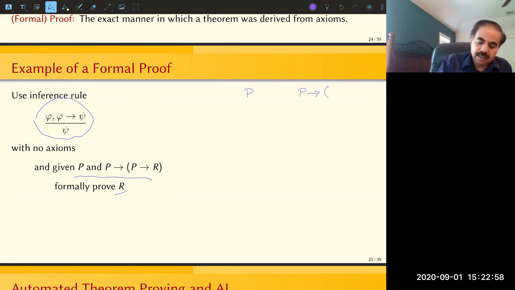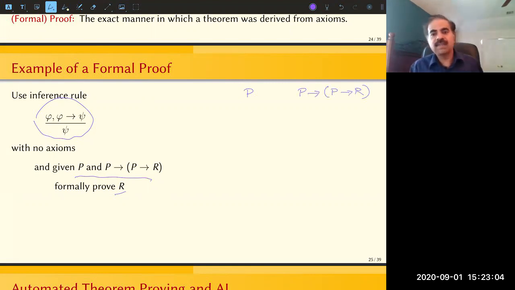These are given to us. We are told that these are true. Then we are asked, if these two things are true, can you say that R is also true? So given these two as initial conditions or facts, we try to apply the inference rule.